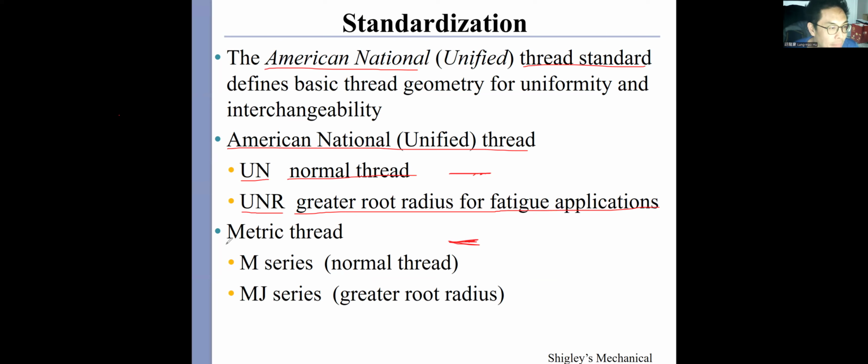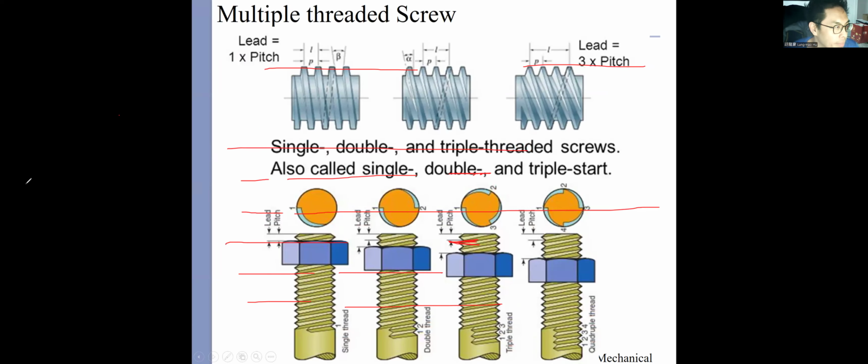And for the metric thread, used in SI units, the M series is the normal thread and MJ defines the greater root radius.